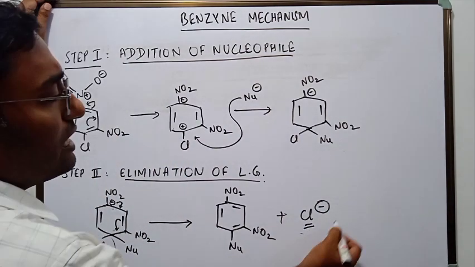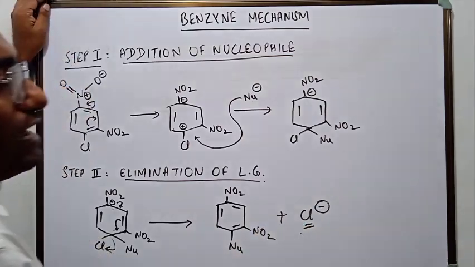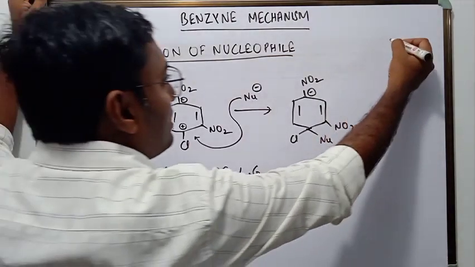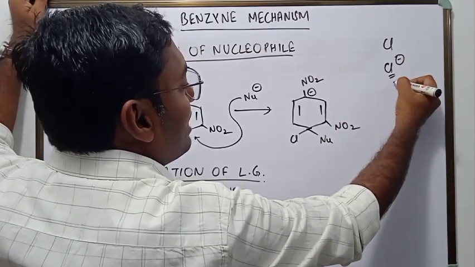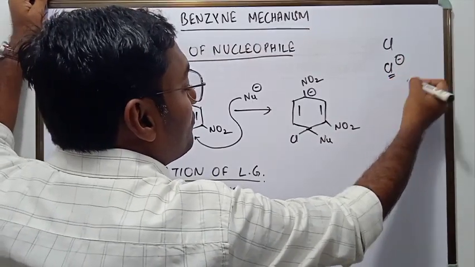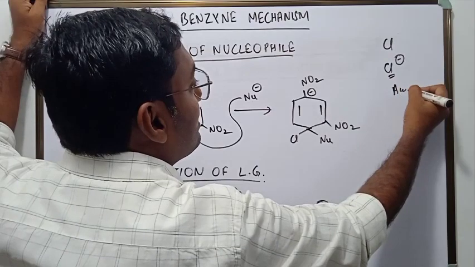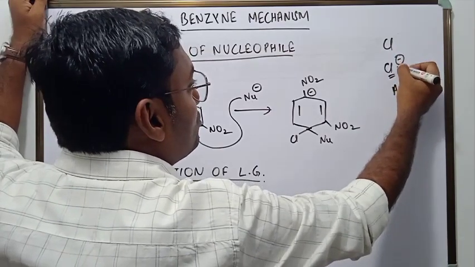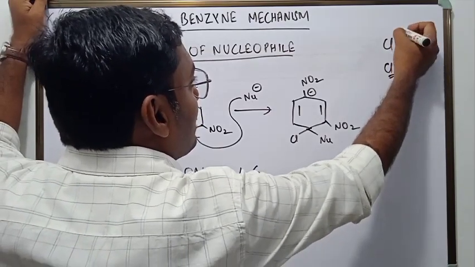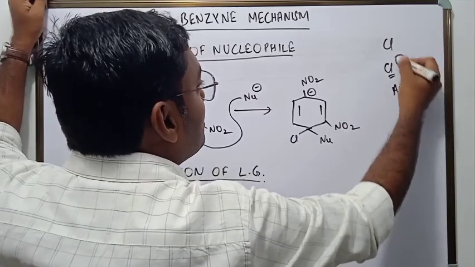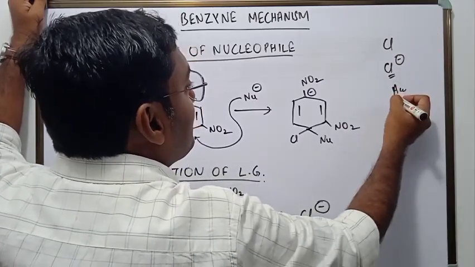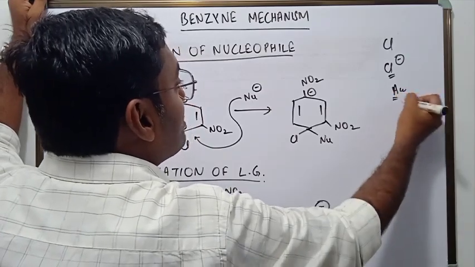Cl minus is a very stable anion. Chlorine is not so stable, but Cl minus is stable, because Cl minus has the configuration of argon, which is an inert gas. Cl actually wants to withdraw an electron and become Cl minus so that it can have the electronic configuration of argon.